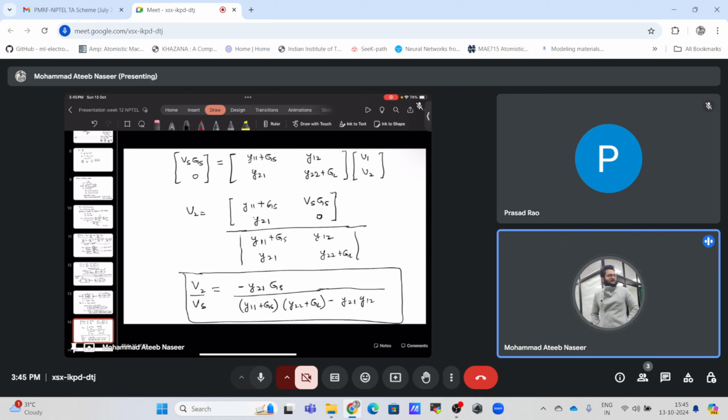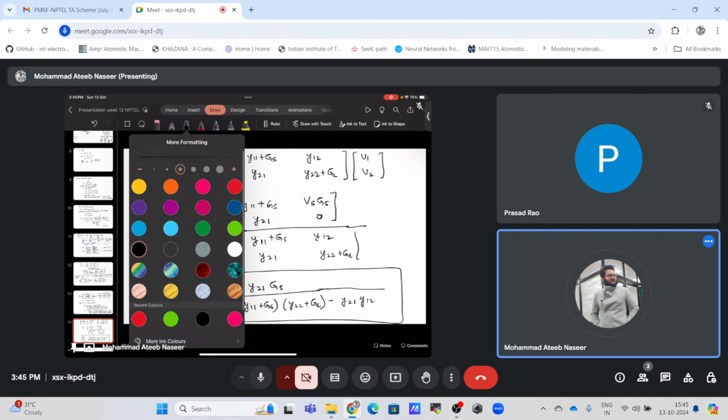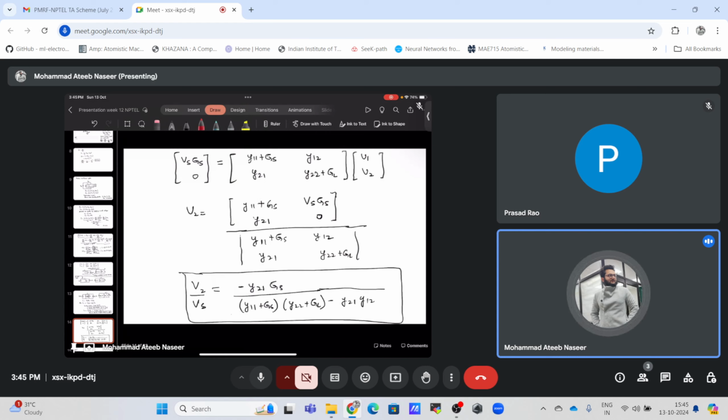In order to maximize the gain, we can make this denominator very small, or we can make it 0 itself so that we get infinite gain.